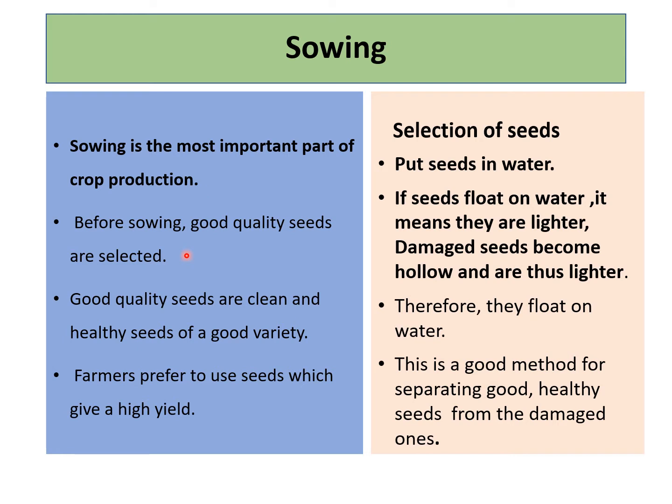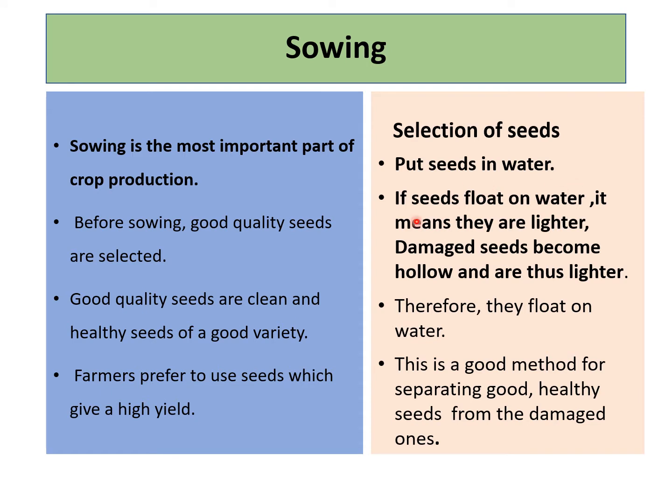Before sowing, we have to select good quality seeds, which is very important. In order to get a good crop, we have to select good quality seeds, as good quality seeds are clean and healthy. Farmers usually prefer seeds which give a very high yield. So how can we select the good seeds? First of all, we can put seeds in water.